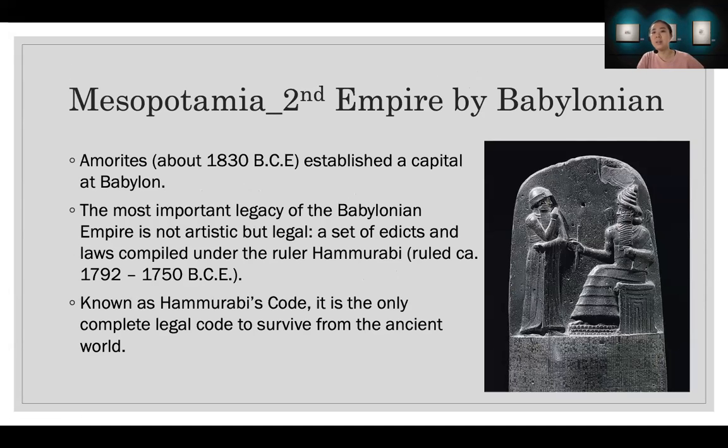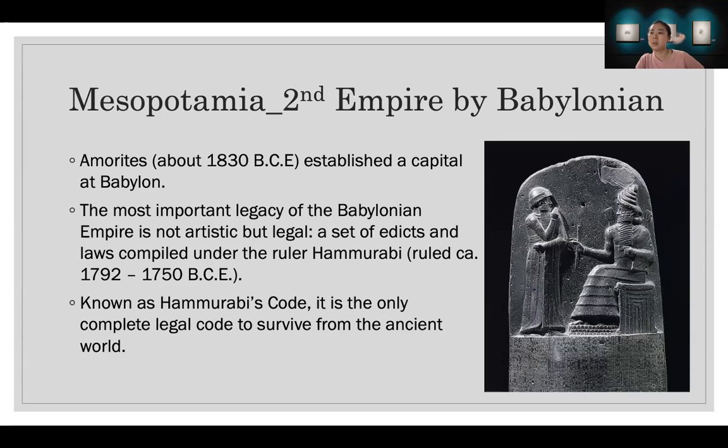And now let's see the second empire of Mesopotamia, by the Babylonians. The Amorites consolidated their rule over the region and established a capital at Babylon.